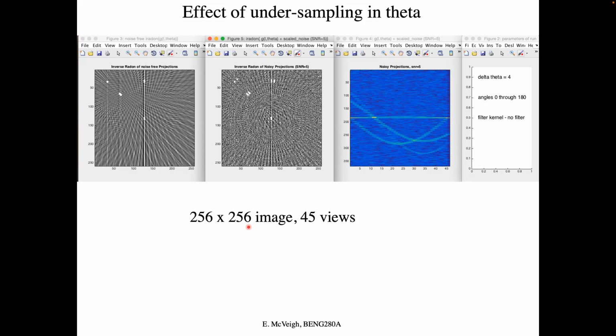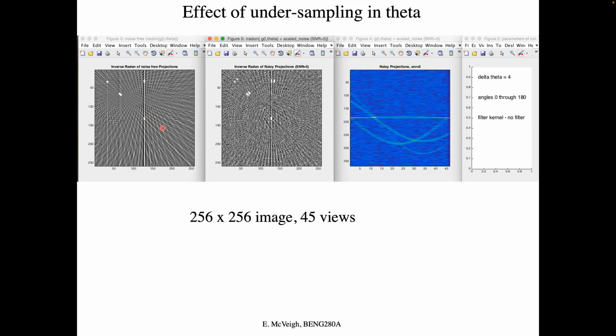They're evenly distributed between 0 and 180, but there's only 45 of them. So you can assume we just don't have enough projections to fill in all of the numbers accurately in that background.